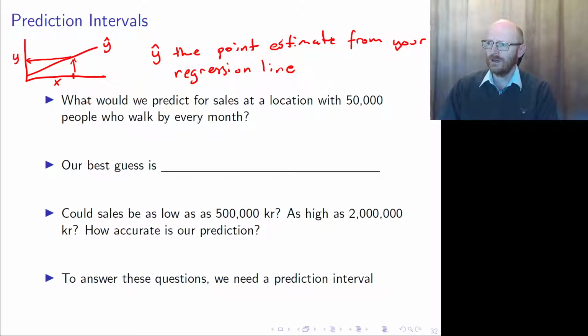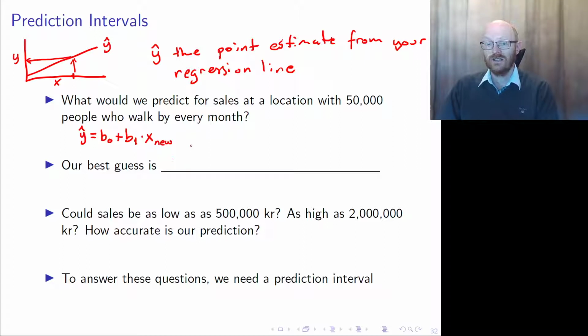Okay, so how do you use this? For example, what would we predict for sales at a location with 50,000 people who walk by every month? Here you just use the equation with the intercept plus the slope times a certain x new.